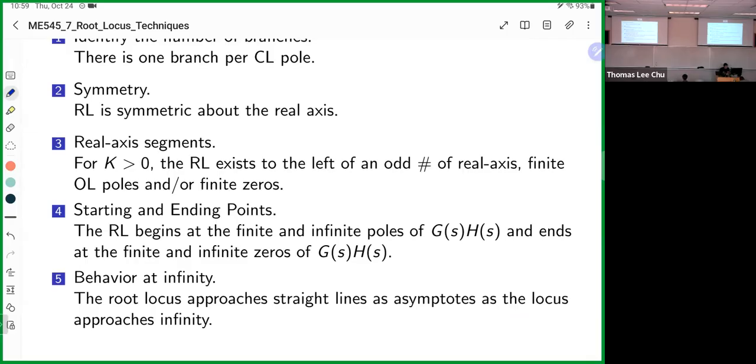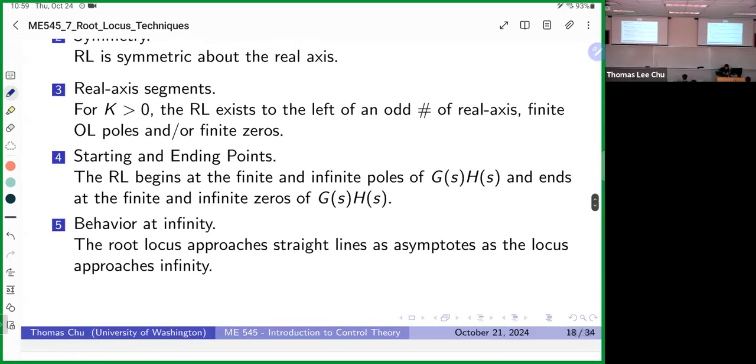I did talk about that briefly in chapter 4 with poles and zeros, about how the numerator going to infinity is also a zero. Anyway, and then behavior at infinity: the root locus approaches straight lines as asymptotes as the locus approaches infinity.